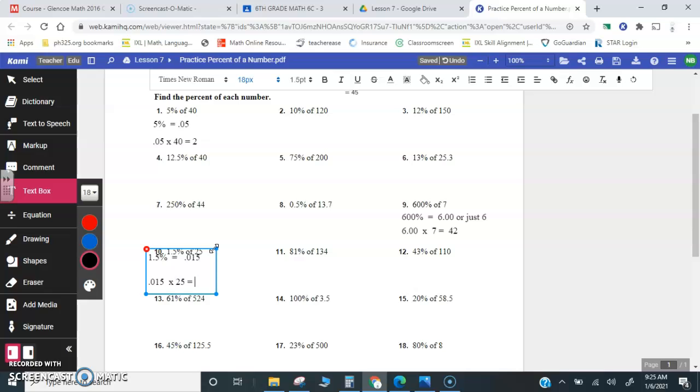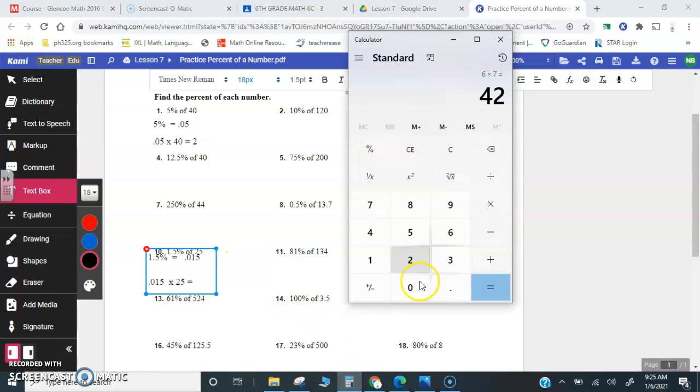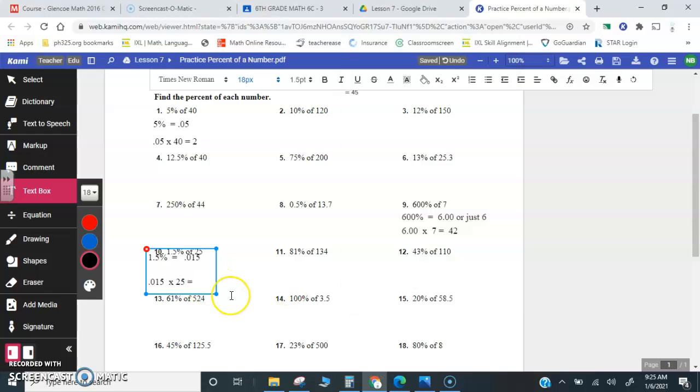And let's see what we get. So we're going to say 0.015 times 25. And we get a decimal of 0.375. Okay?